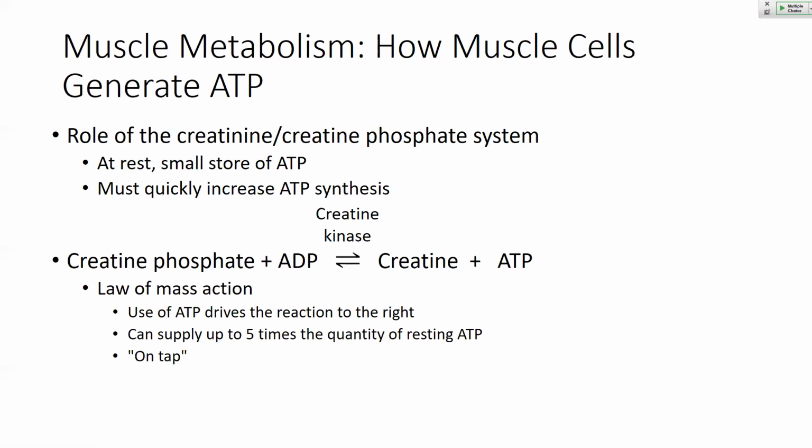Now, what do you think is going on in the muscle when we require ATP? What's happening in the muscle when ATP starts to get depleted? It's contracting, right?